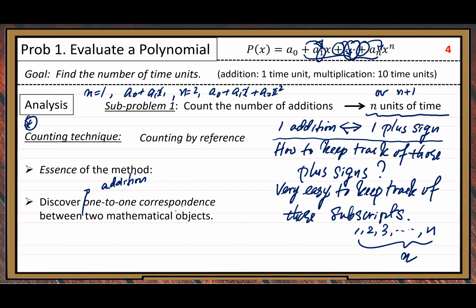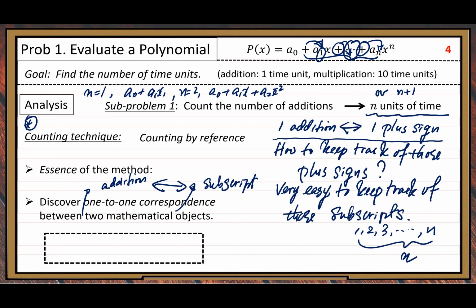The second mathematical object is subscript. And we find a one-to-one correspondence between these two mathematical objects. Then, if we have that kind of relationship, we can do the counting easily.